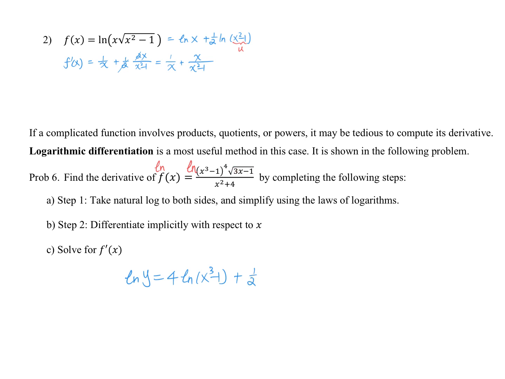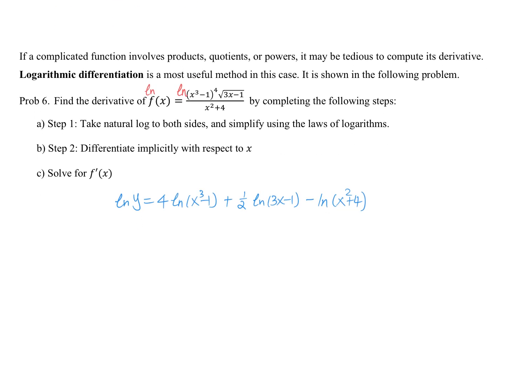So ln 3x minus 1. And the denominator term that carries the negative sign, minus ln of x squared plus 4. So you can see that the original complicated looking function becomes just a sum of those individual log terms, right?